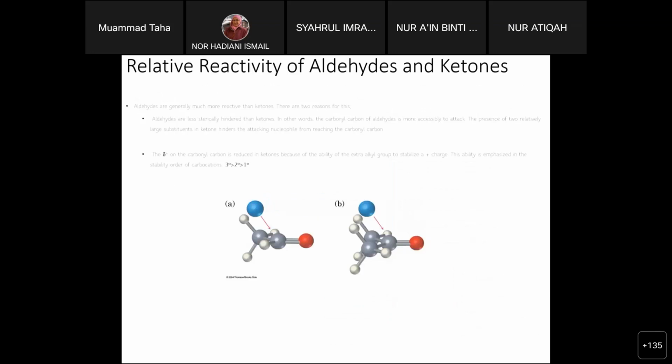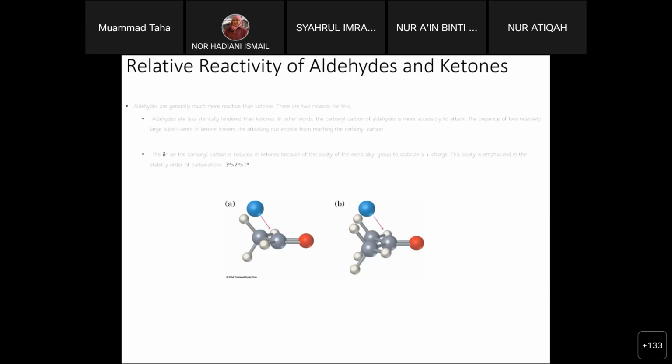So, reactivity of aldehydes and ketones. Always remember that aldehydes are more reactive as compared to ketones. The reason is simple: the aldehyde has only one carbon chain attached to the carbonyl carbon. In a ketone, you can see this is the carbon and this is the second carbon.